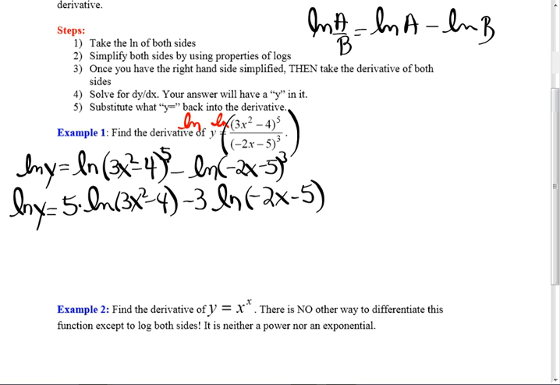So now let's take the derivative. And this is easy. I'm still going to have to use the chain rule, but it should be easier than doing the original problem. And then sometimes I have no choice. Now, I'm going to pass it right through that 5 because I can, because that's a constant. You can always pull the constants out.